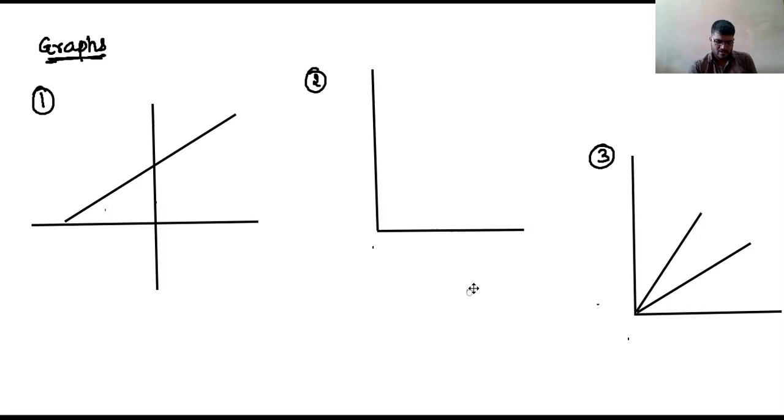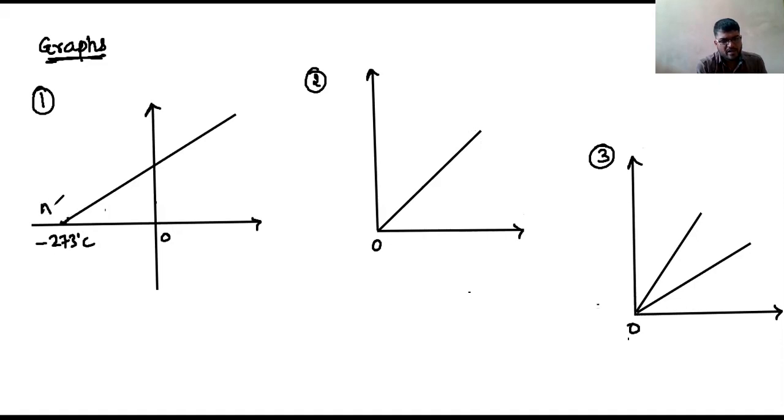Okay. Same pattern graphs are there, all same like volume temperature and pressure temperature. So here it is your intercept. This is O, origin. Here also origin. And this is how much, minus 273 degrees Celsius. And this is point A. This one I am giving as B.